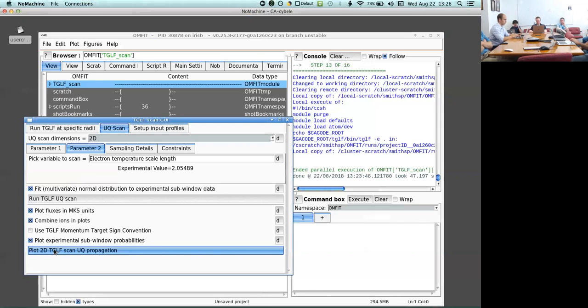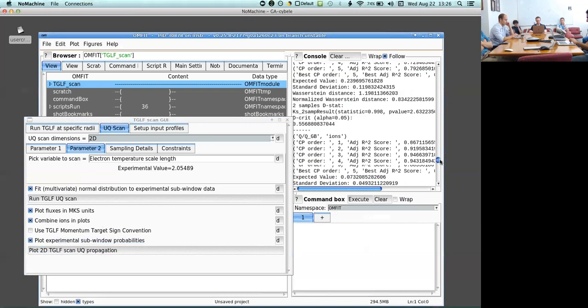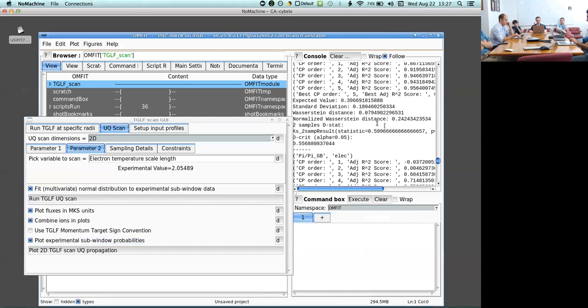You saw from this console that we're calculating the statistical distance using this Wasserstein distance. That calculates the statistical distance between simulation and experiment, and it has the units of that flux value.